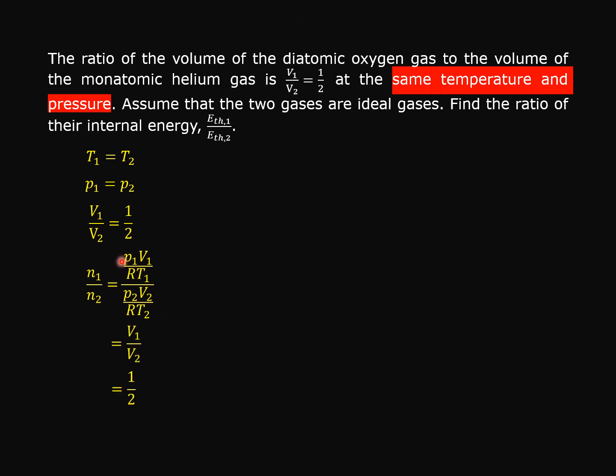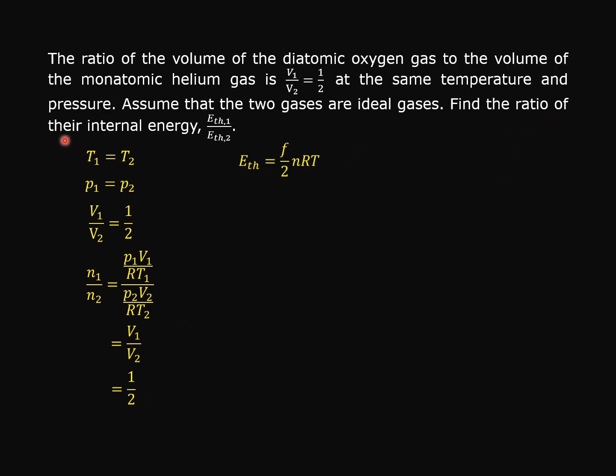We can cancel out P1, P2, T1, T2, and R. So it remains V1 over V2. That means the ratio of the number of moles for these two gases, oxygen and helium, is the same as the ratio of their volumes, V1 over V2, which is equal to 1 over 2.